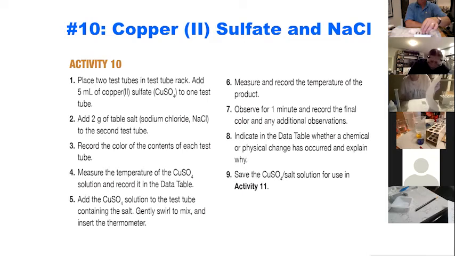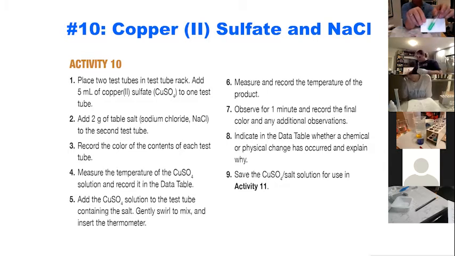So, do we write down what the temperature change was? Did we see a color change? Note the color before and after. What color was the copper sulfate before I added the sodium chloride?